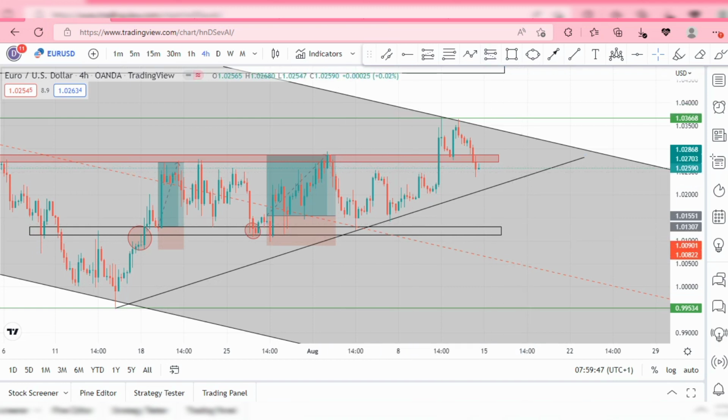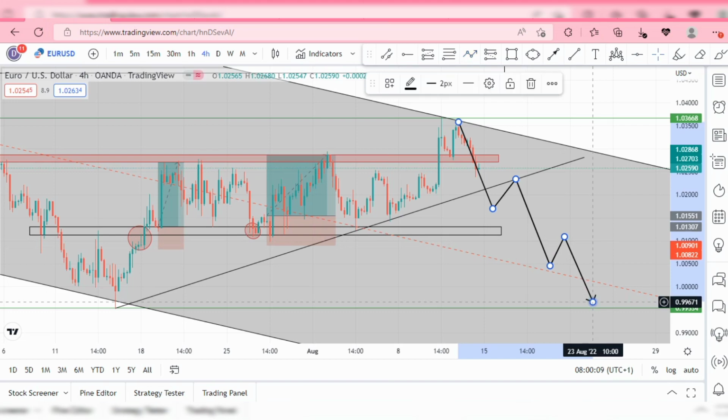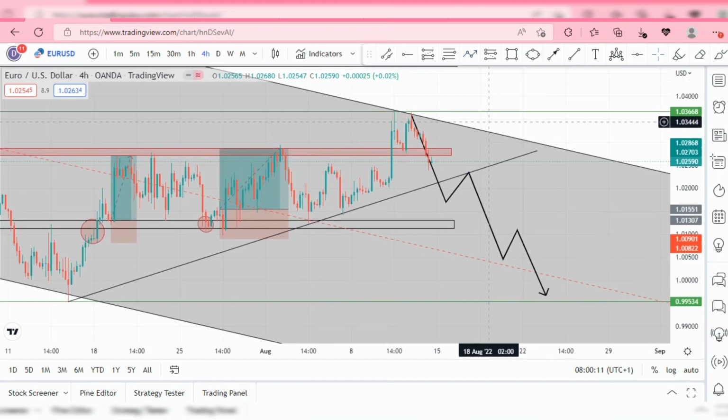Okay, and so for us to expect a continuation of our down move, we'll be looking for a break of this trend line. Okay, so there could be a break of this trend line, possibly a retest of it, and then price continuing to the downside, breaking this support level here again, and then retesting it, and then just moving all the way towards the downward area.